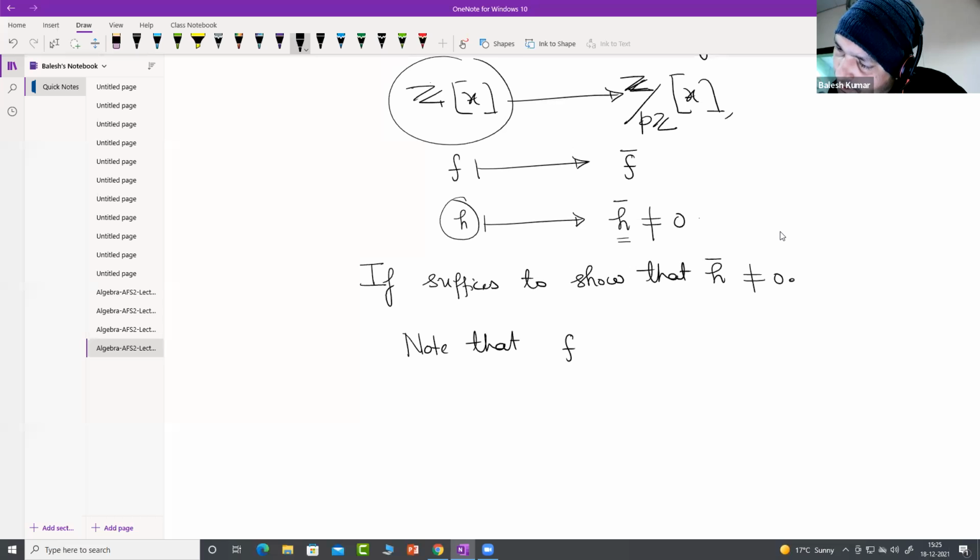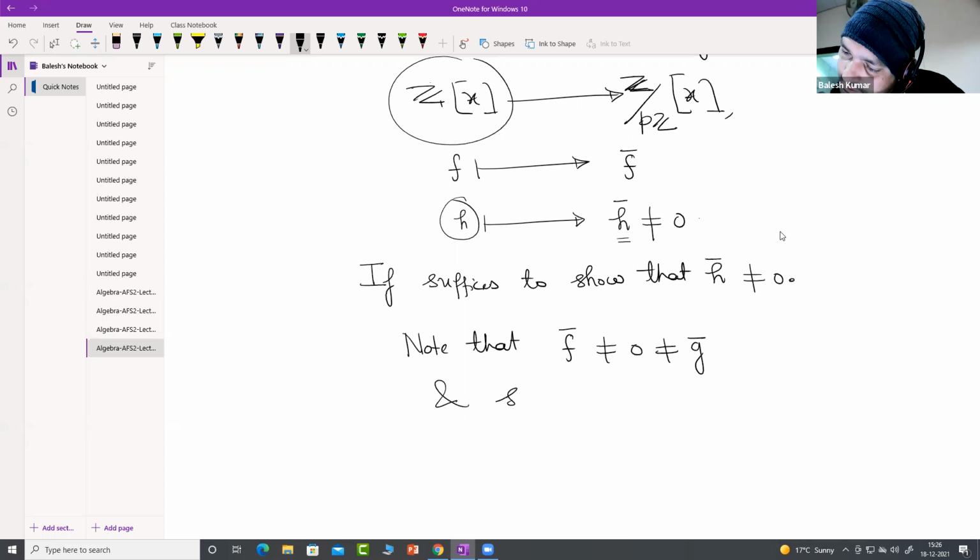f bar and g bar are not equal to 0. They are not the zero polynomial, just because their coefficients do not have any common factors. So their coefficients are not all divisible by any prime. Therefore, if you reduce modulo p, they will be non-zero polynomials.